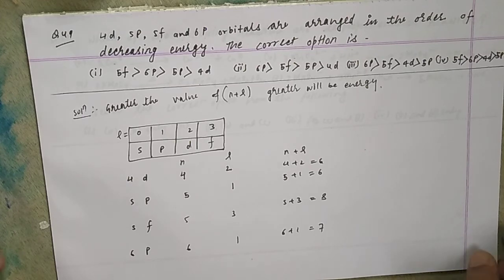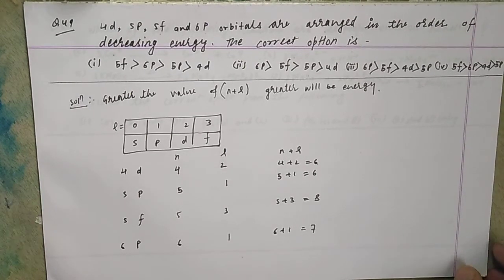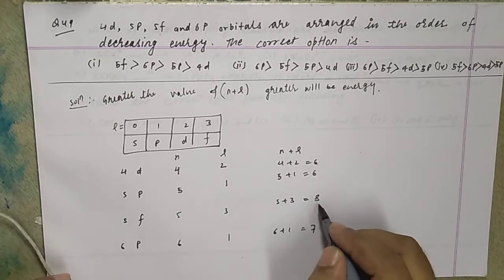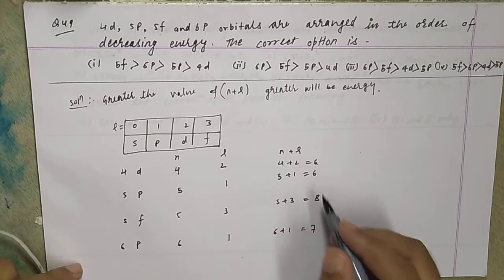Now after getting the n plus l values, we have to arrange them in decreasing order. So this has the highest energy, then this, then this.